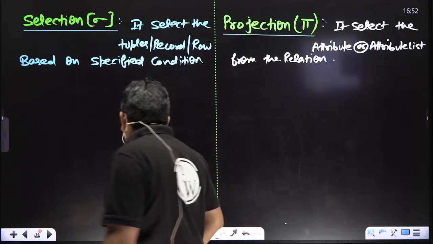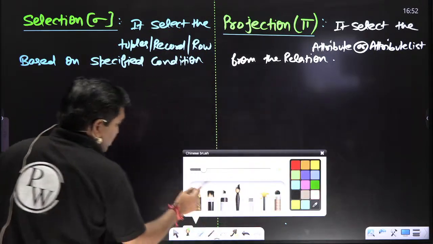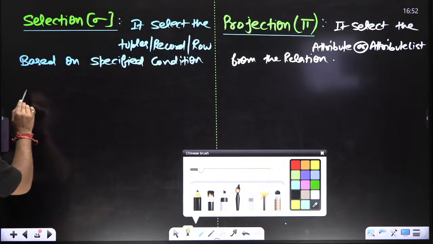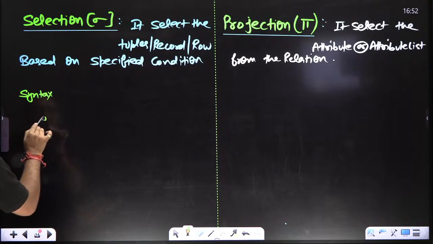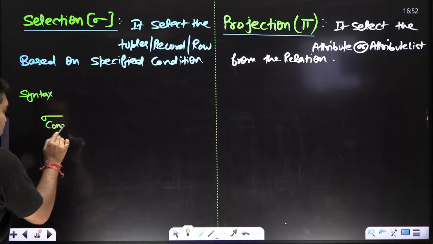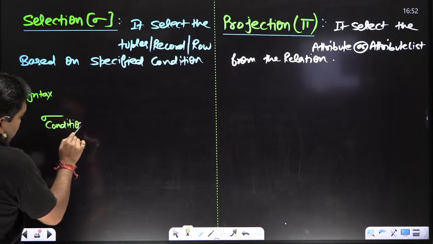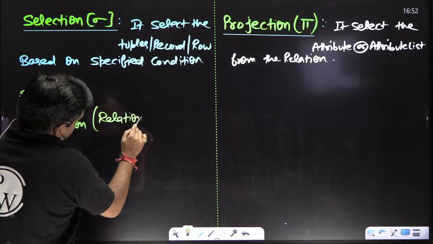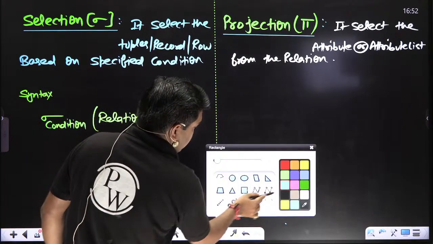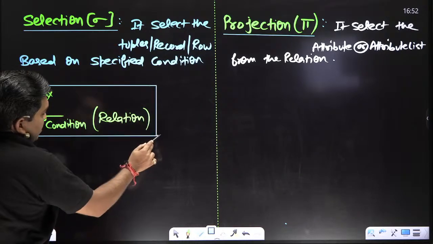So what is happening? Please try to understand. What is the syntax? First of all, let me know, please. What is the syntax for selection? Sigma condition from relation. This is the syntax, children, for a selection.